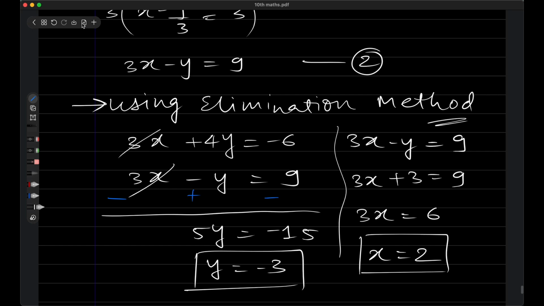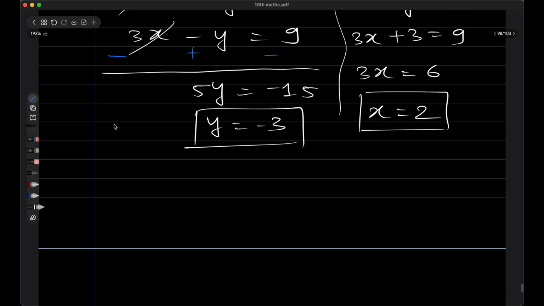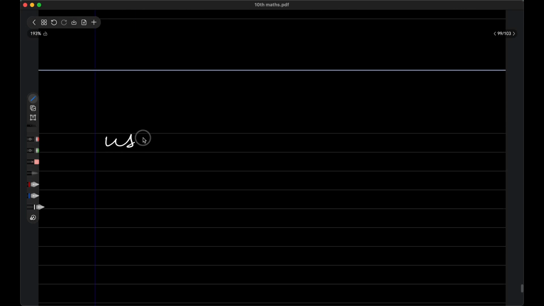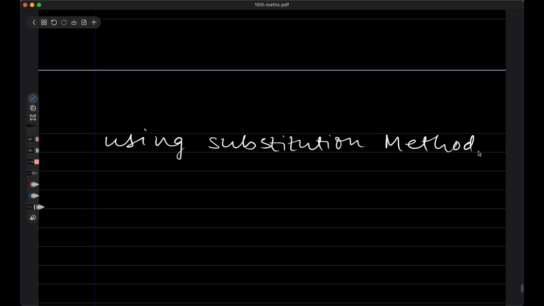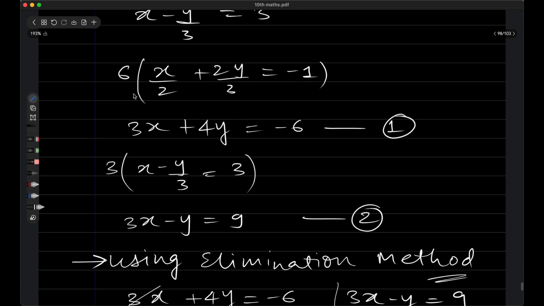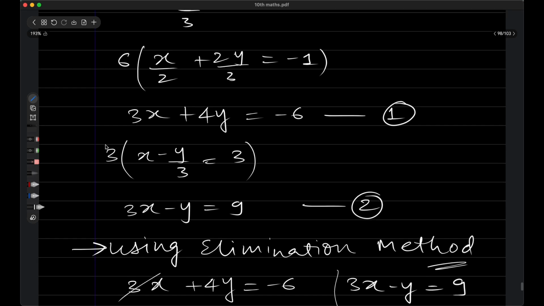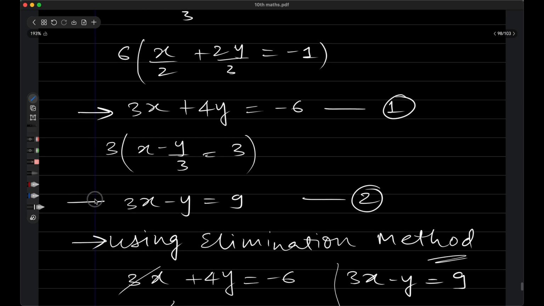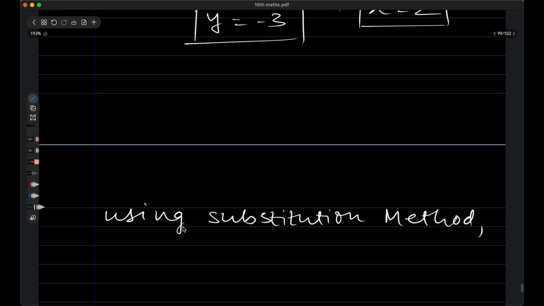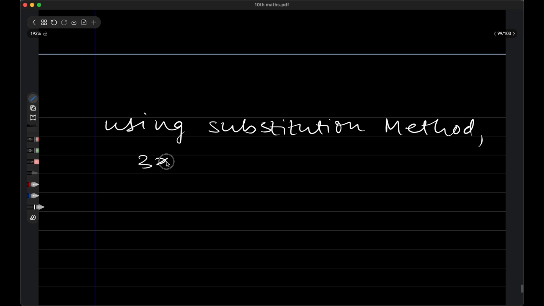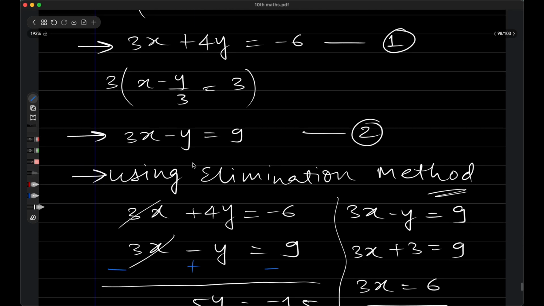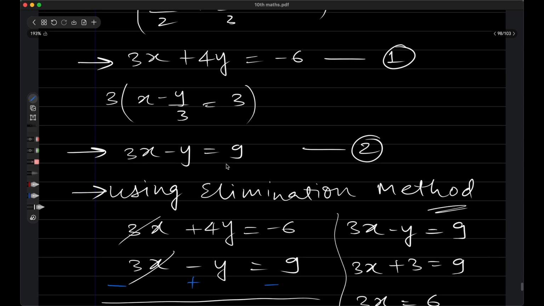Now, using the substitution method, the simplified equations are 3x plus 4y equals minus 6, and the second equation 3x minus y equals 9.